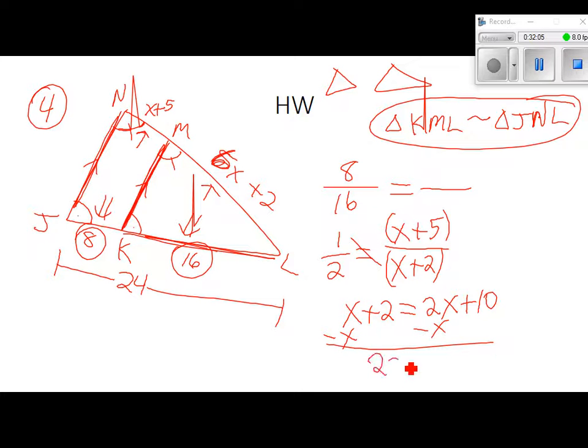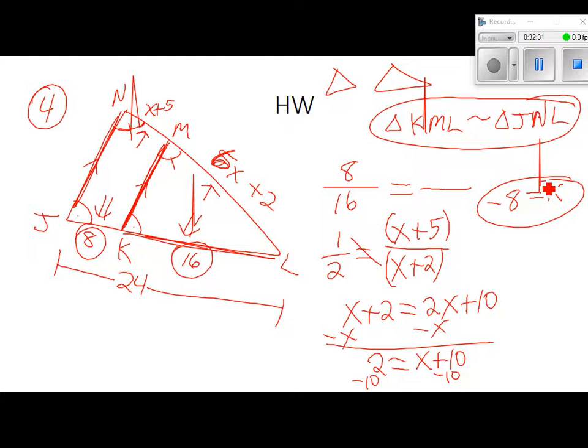End up with 2 equals what? 1x plus 10. x plus 10. Now what? Minus 10 on both sides. Come on. -8 equals x. Now that confuses a lot of people sometimes.